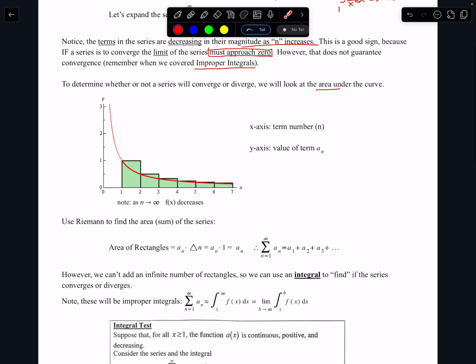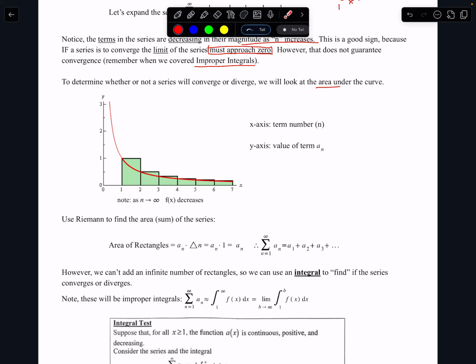So we're always looking at area. A Riemann sum is the area of rectangles. And all this says is that each rectangle has a width of 1 and a height of a sub n: a sub 1, a sub 2, a sub 3, and so forth. So the area of each rectangle is the height a sub n times 1, and we can reduce it to just a sub n.